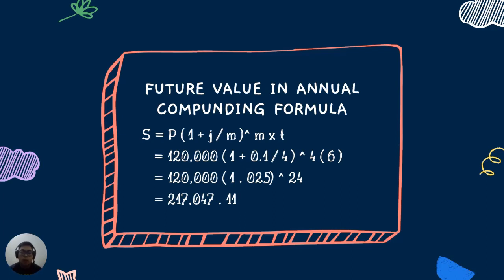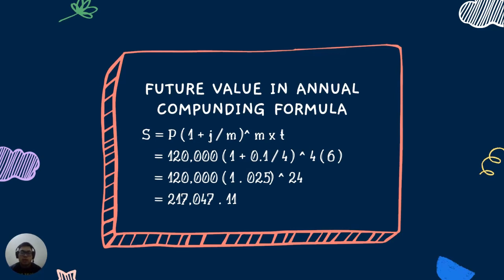Open bracket, 1 plus 0.1, which is 10% interest, over 4, which is M, because it was compounded quarterly. Close bracket, to the power of M times T, which is 4 times 6 years. The T is 6 years.